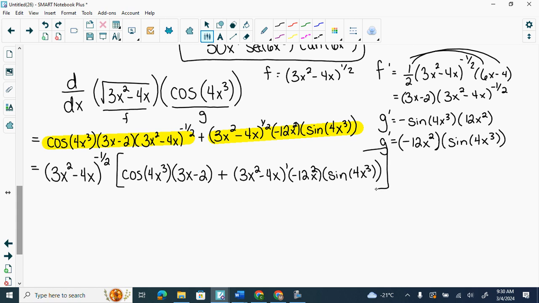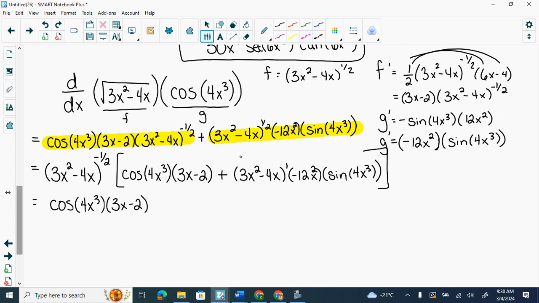Here I could actually take out a what? An x as well. So if I want to, they'll take this, which is a negative a half, they'll drop it to the denominator, make it positive every time. So your numerator is going to be cos 4x cubed, 3x minus 2. 3x minus 2 is often written first because they write the polynomials first. I don't know why. And then we have this times a negative.